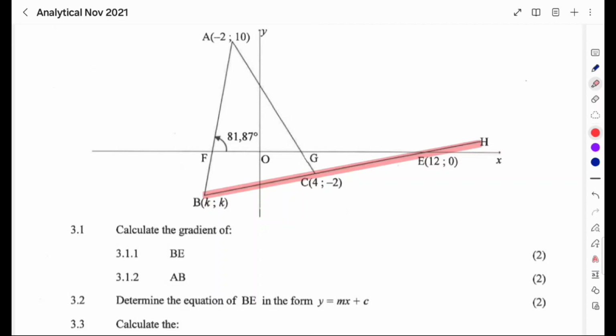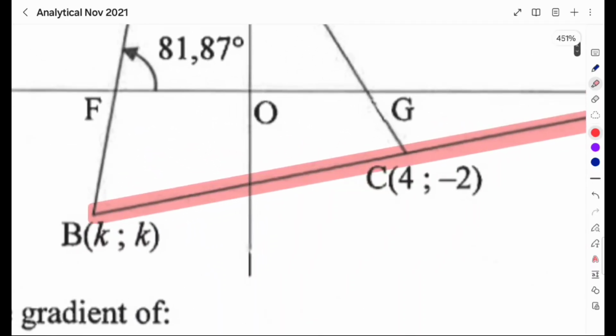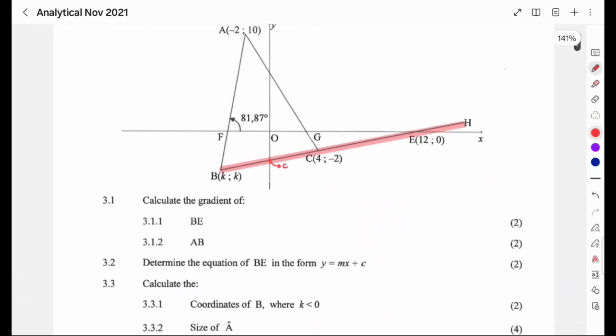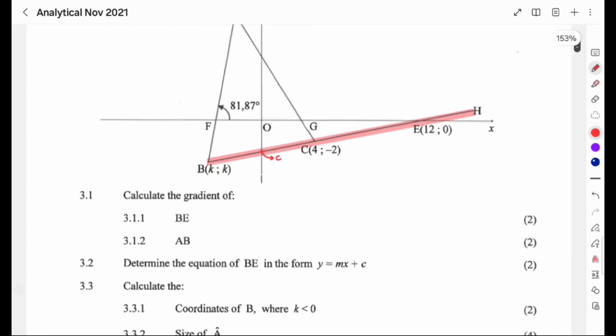So in order to calculate the equation of the line BE, we need the value of c, the y-intercept. Please do not confuse the point C with the value of c. When I say c, I'm referring to the y-intercept c, the point at which the line cuts the y-axis.